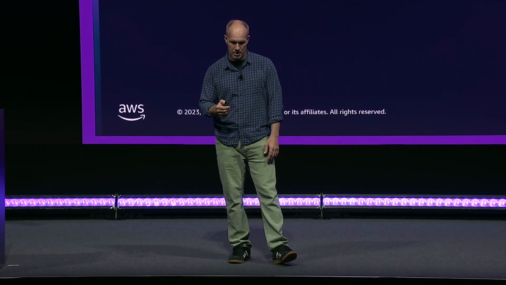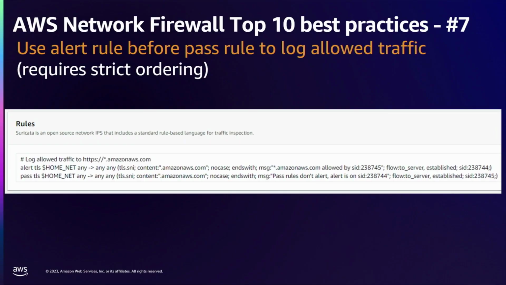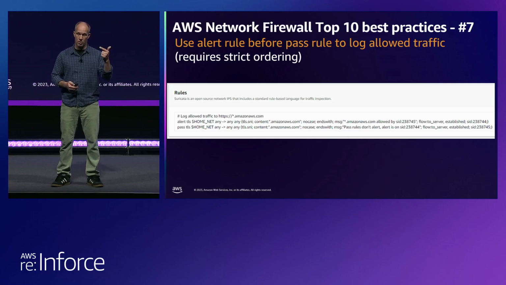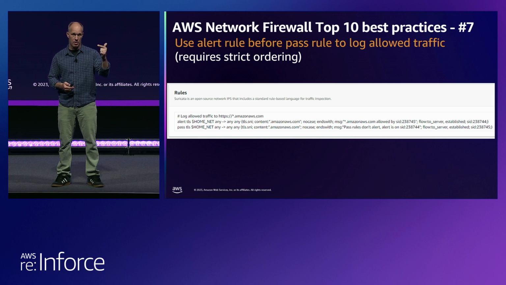But in order to log that traffic, the way you would do that is just add another rule that alerts on that same traffic before you allow that traffic with a pass rule. And as long as you're using strict ordering and you have the alert rule as a higher priority than the pass rule, then you'll get the visibility that you're needing.